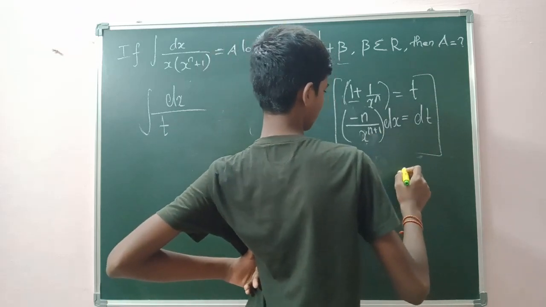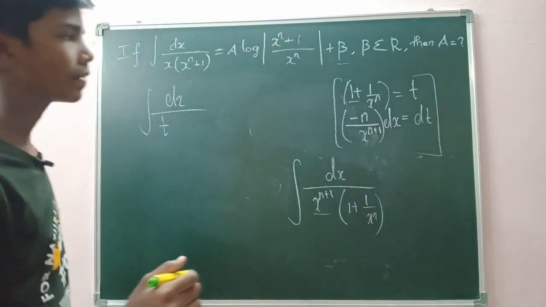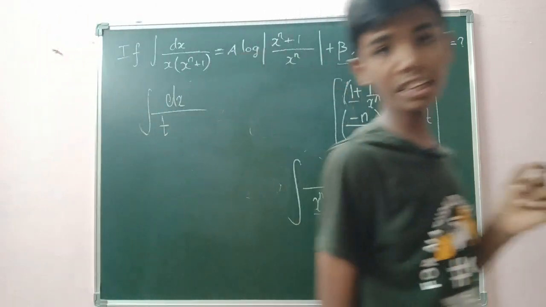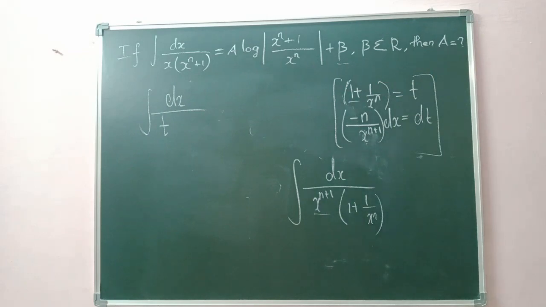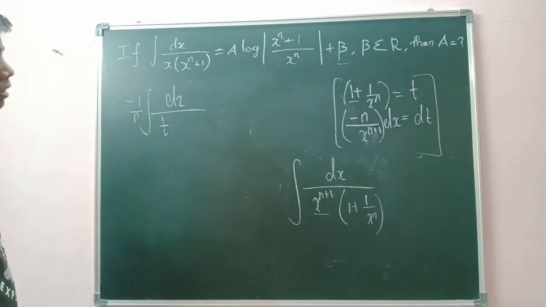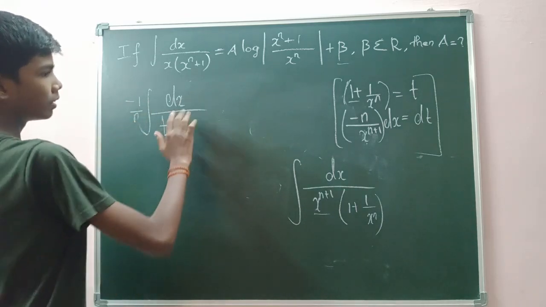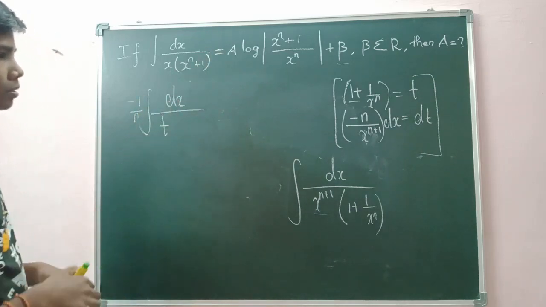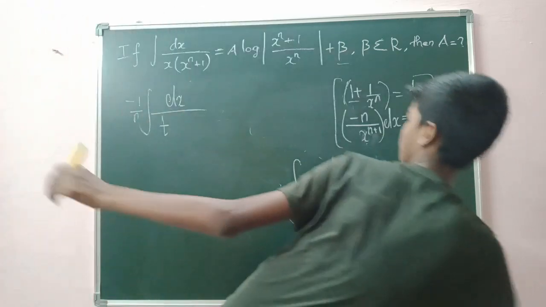Minus, somewhere it's wrong. Okay, wait. Minus n I'm having. If you need to find out the value of x^n+1, what you are supposed to do is, yeah, correct. One minute. I need to take minus 1 by n common, then this will be dx by x^n+1.